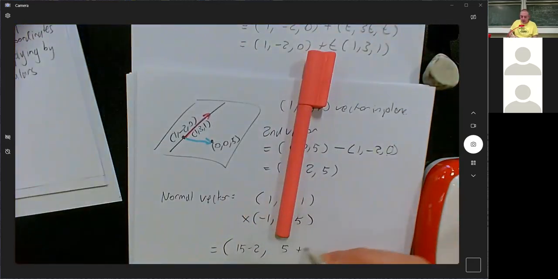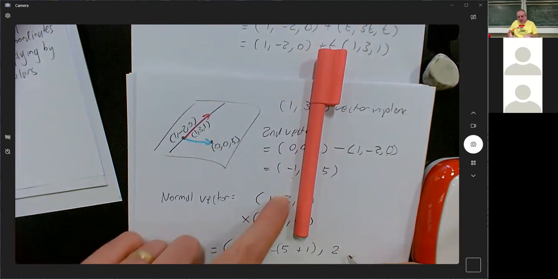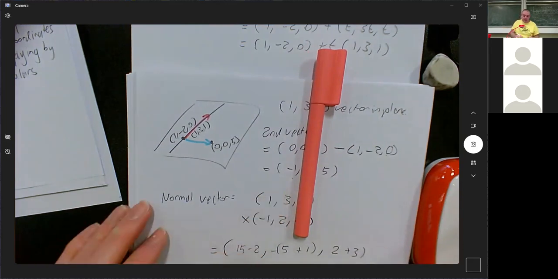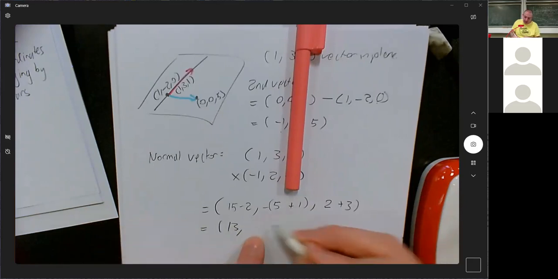Minus 1 is plus 1, and I'll have to minus that. And 1 times 2 is 2. Minus 3 is that. And so I've got 13, minus 6, 5. All right, doing well.